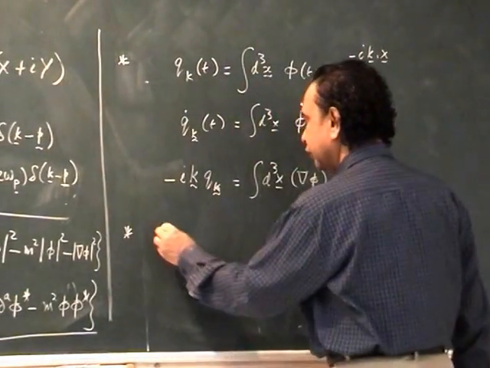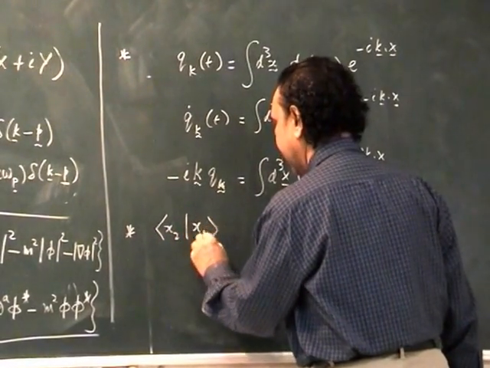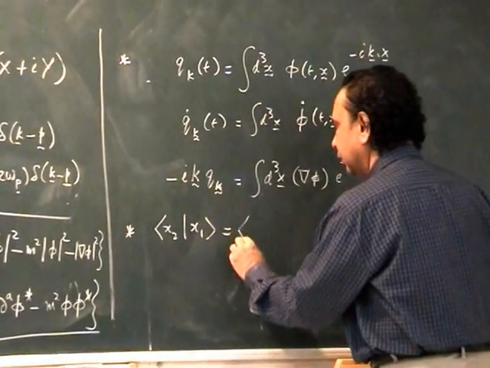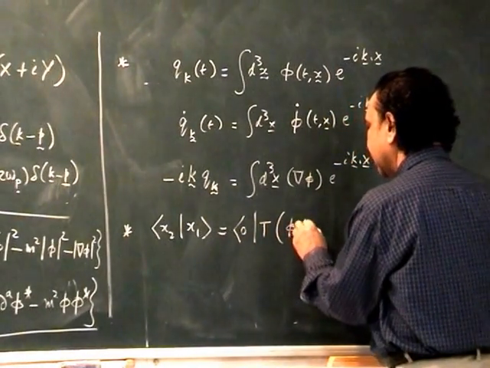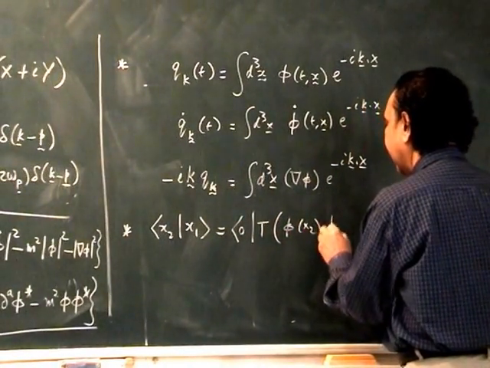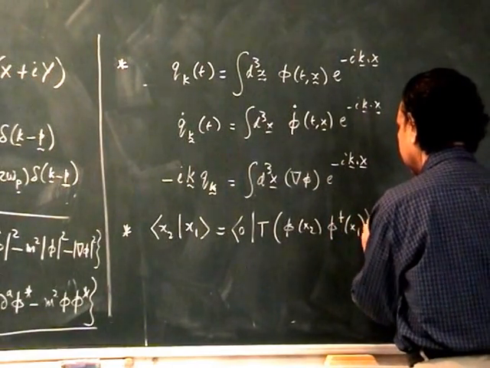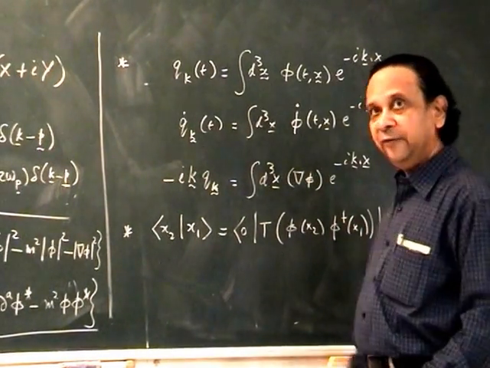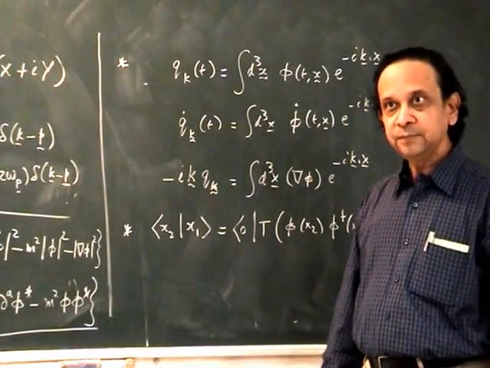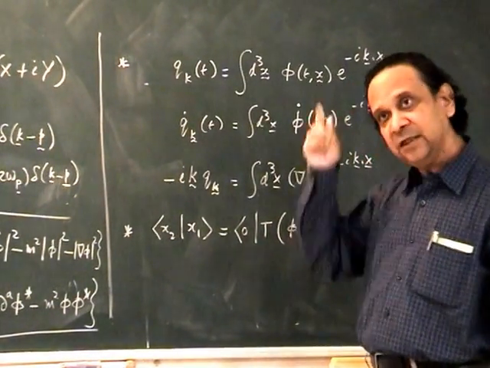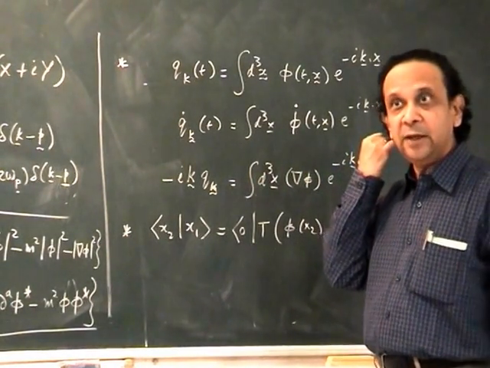Remember that the x2, x1 which we were after was this quantity, phi at x2, phi dagger at x1, in the vacuum state. So if I know the dynamics of phi, I am through. I obtained this expression from oscillators, but since they have served their purpose, I can throw them away.